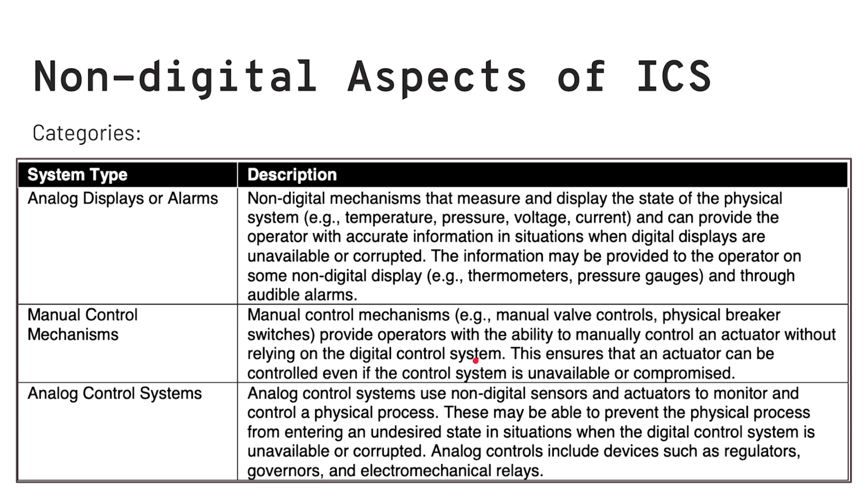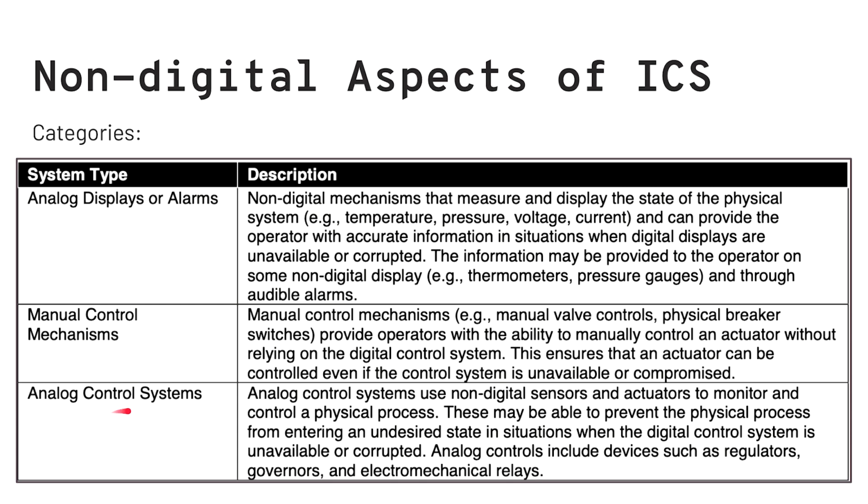This, for example, is how the Ukraine power grid attack ended, where the operators switched from automated to manual operation, and they had manual control over the circuit breakers, over the substations, and they managed to restore power by reverting to that fallback mechanism.